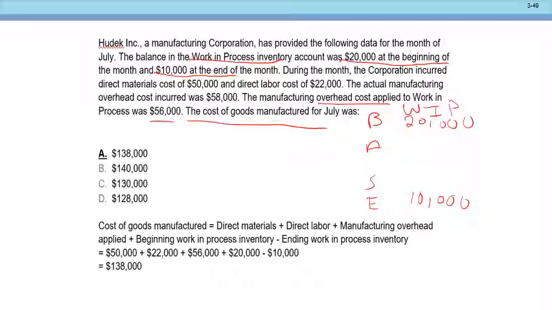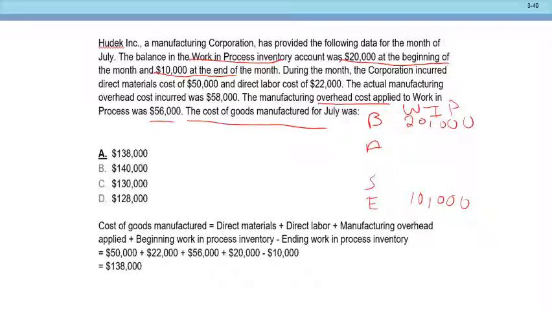It's up here again, right here. The actual is going to be the debit to the manufacturing overhead account. The applied is the applied that goes to what? Goes to the work in progress, isn't it? I don't pick up the actual. I pick up the applied, so I'm going to pick up that, what is it, 56?